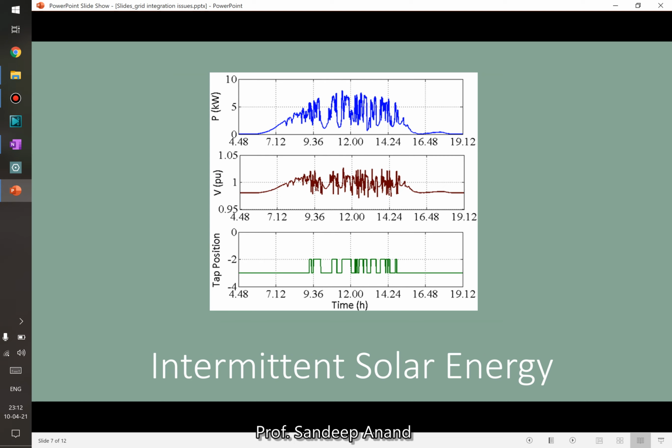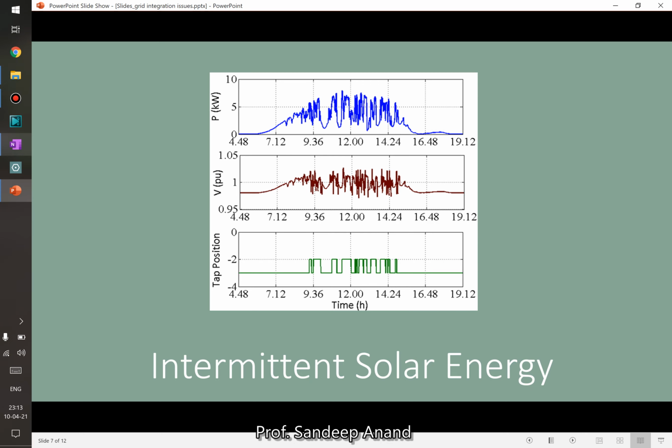So to understand the impact if there's substantial power, we used this data and simulated a system. The second graph, which is a voltage profile, is of that simulated system. Here you see the voltage in the feeder is continuously changing. And if you have a very fast acting on-load tap changer, then the taps would also change very rapidly, and while doing that, they will try to maintain the voltage within the band.